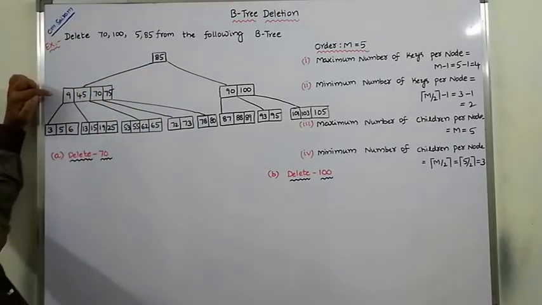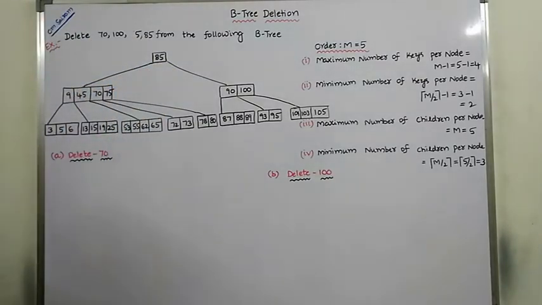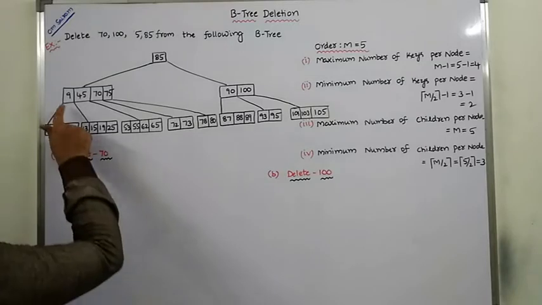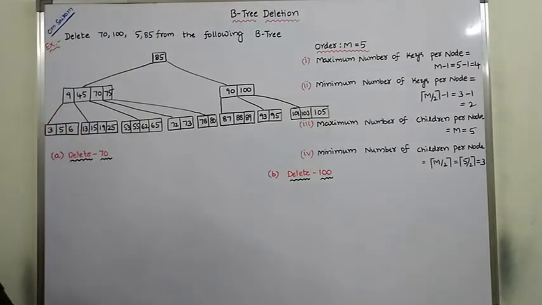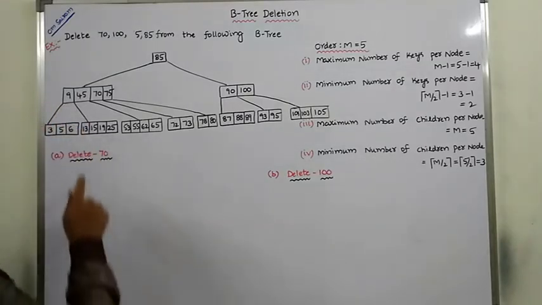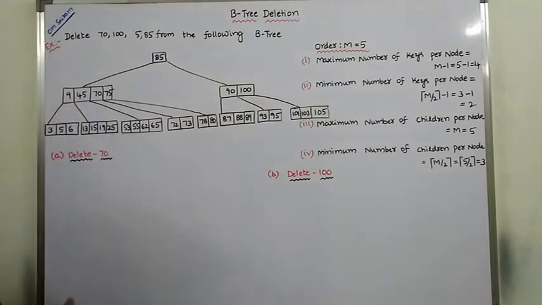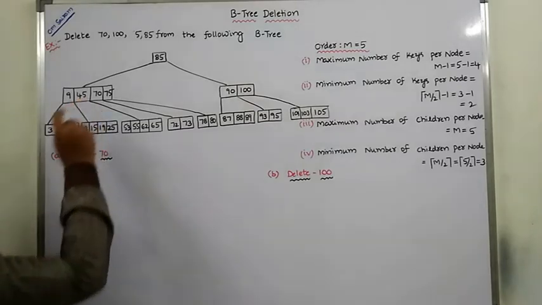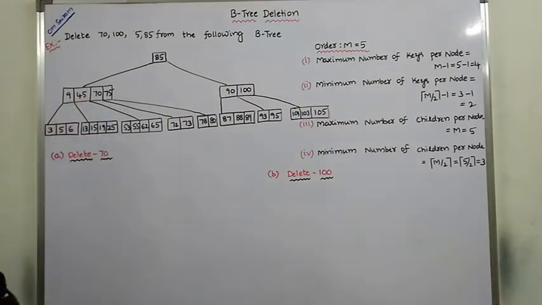The left subtree contains a node. How many key elements does that node contain? 4 key elements. First, 70 is compared with 9, and 70 is greater. Next, 70 is compared with the second key element, 45, and it is greater. Next, 70 is compared with the next key element, 70.